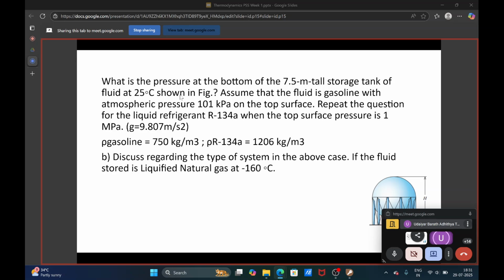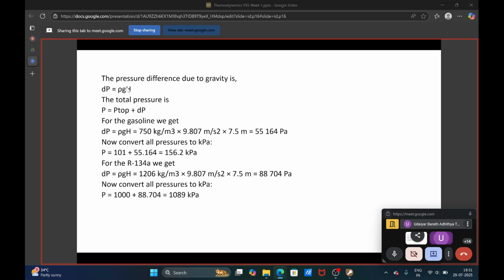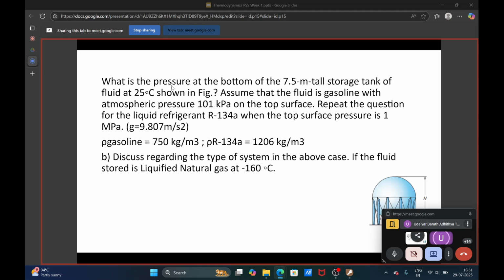We'll see the first one, for gasoline. What they have asked is to find the pressure at the bottom. Pressure is your top pressure plus your pressure difference, which is given by rho g h: density multiplied by acceleration due to gravity and the height.